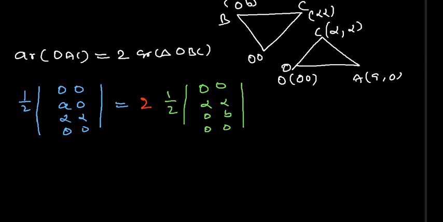Shortcut: half you can cancel. What I can see is that mod of (0 0, a alpha) equals 2 into (0 0, alpha b).